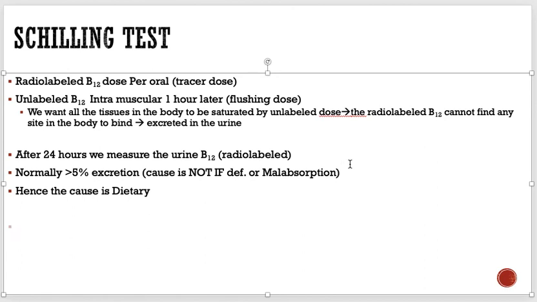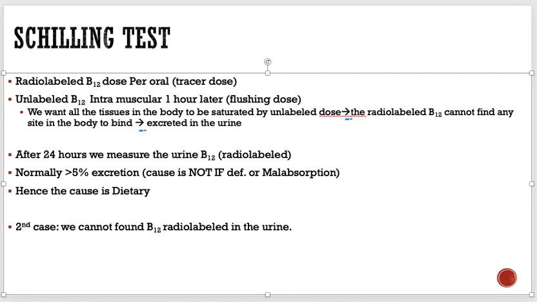For example, second case: we cannot find radio labeled B12 in the urine.